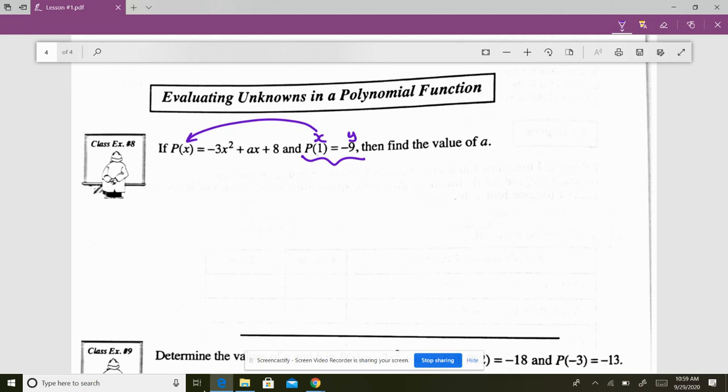So if I put 1 in here, I get -3 times 1 squared plus a times 1 plus 8, all of that should equal -9.